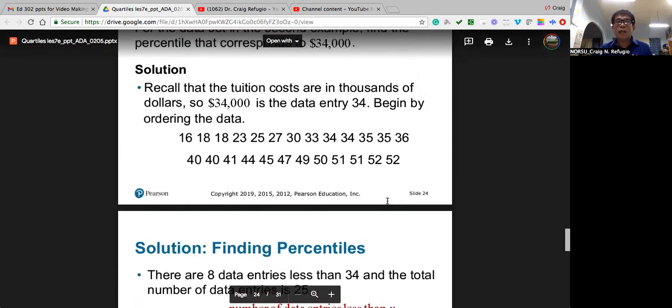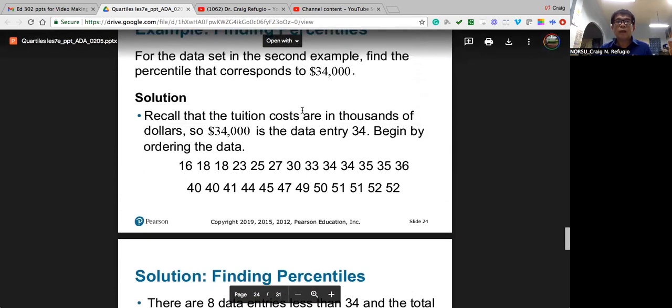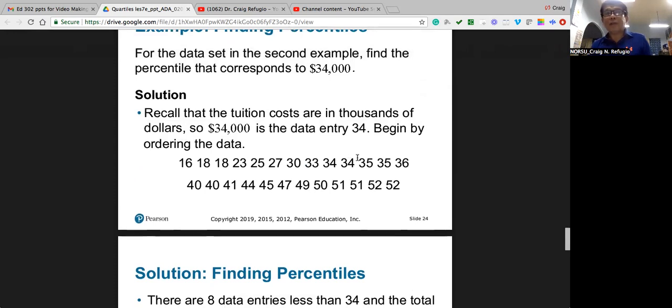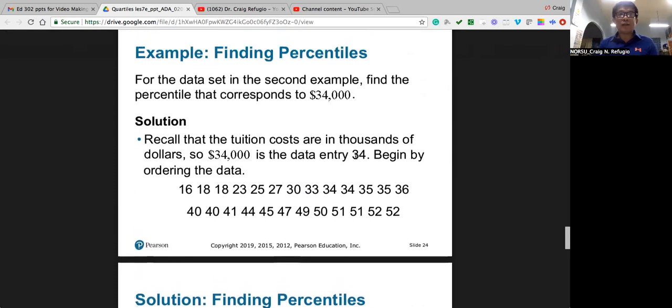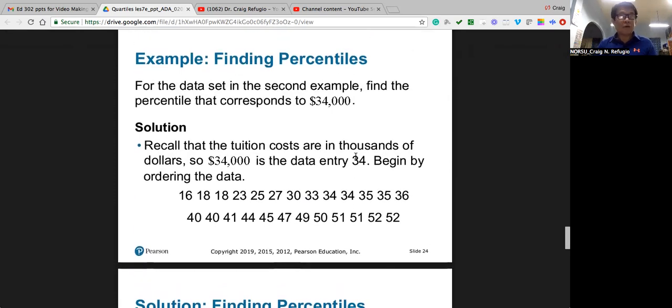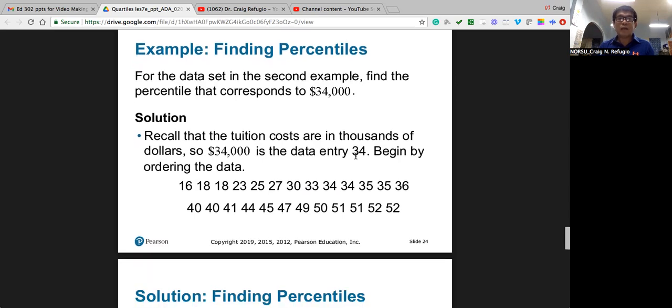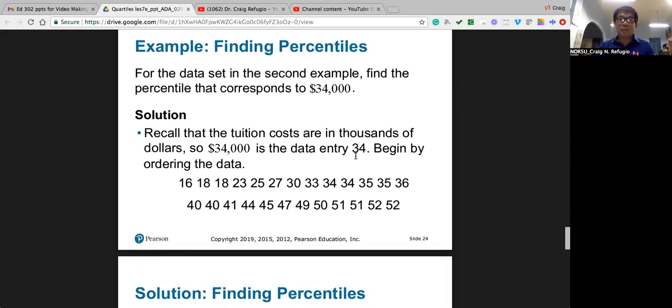Assignment number one: I'm going to change 34 to 35. So find the percentile that corresponds to 35,000 US dollars. That's number one. Number two, find the percentile that corresponds to 36,000 US dollars.